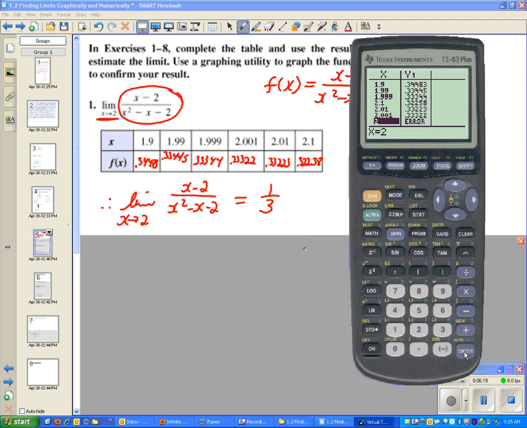I don't know if it's a hole. I don't know if it's an asymptote. I do know that the two ends come to meet. It's not where coming from the left you get one thing and the right you get the other. And again, I don't have to do it to solve this problem, just curiosity. I wonder what it looks like. That doesn't seem right. Unless I got a hole right there.